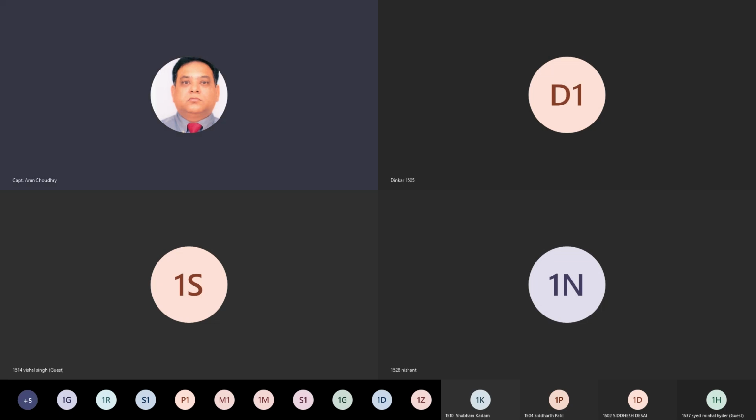Yes, is anybody able to calculate? Shubham Kadam: 61 degrees and longitude is 136 east.